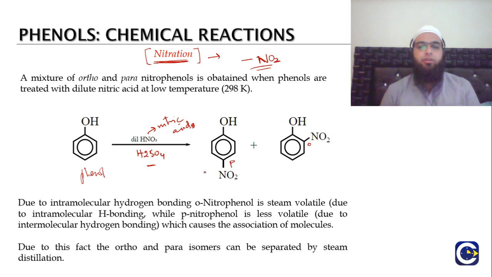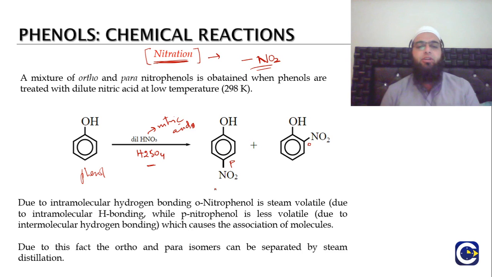Again, we have to remember that the para compound is less volatile. This 4-nitrophenol, or para nitrophenol, is capable of forming intermolecular hydrogen bonding with other nitrophenol molecules.